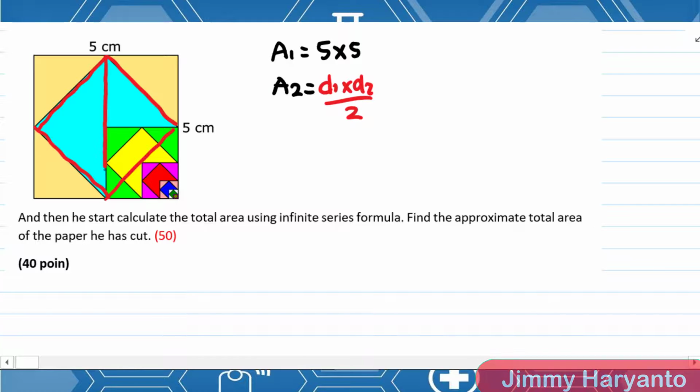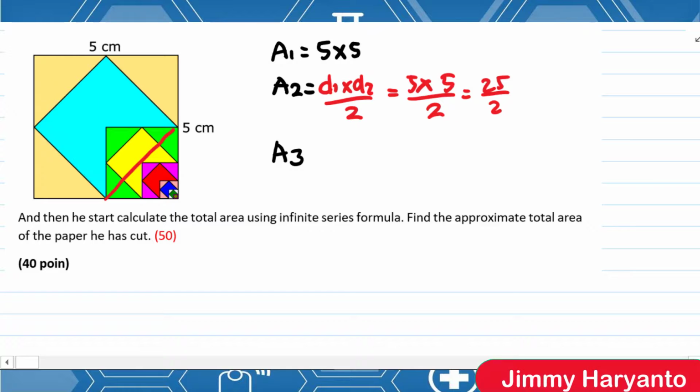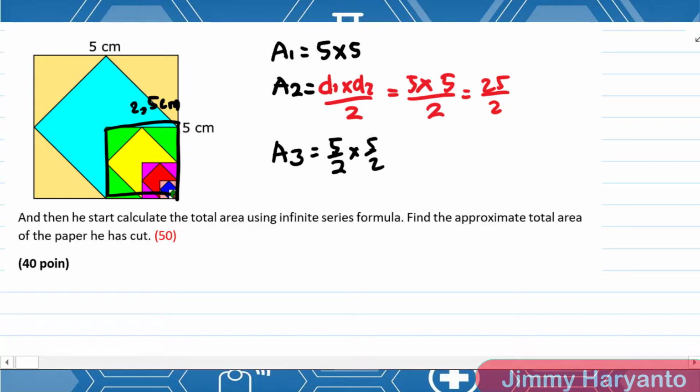So this is diagonal 1, which is 5, and this is diagonal 2, which is also 5, over 2. So the answer will be 25 over 2. And then for the third area, this square has 2.5 centimeters as its side, so it will be 5 over 2 times 5 over 2 equals 25 over 4.